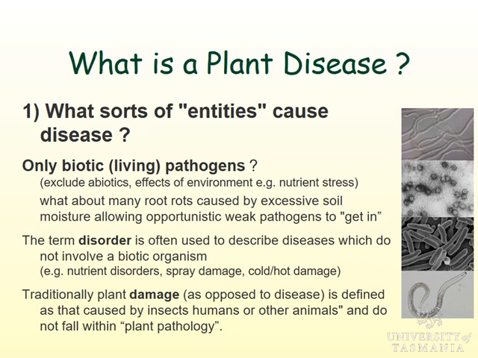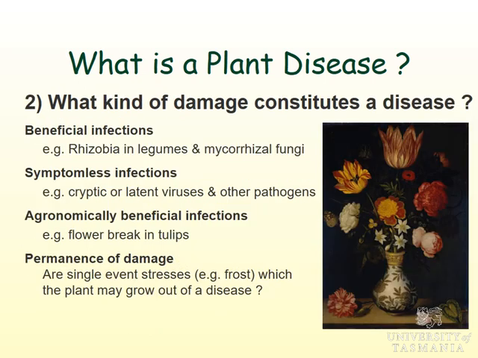Let's go on to the next slide. Generally, things that actually damage and reduce the performance of the plants. There are some things, however, that again sit in that greyness of definition. You could argue that if all these things infect a plant, surely that's a disease.